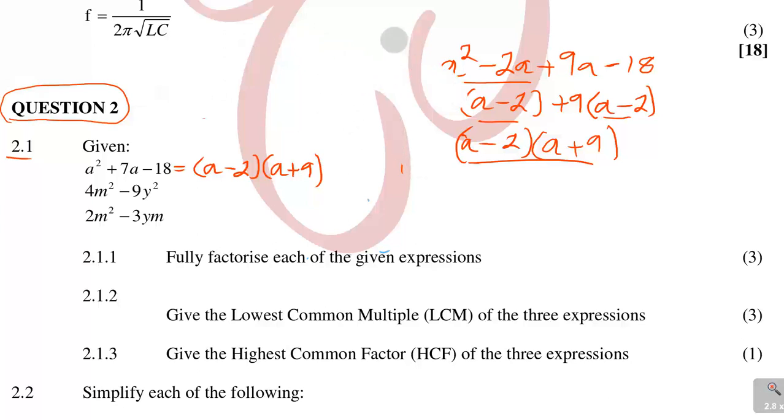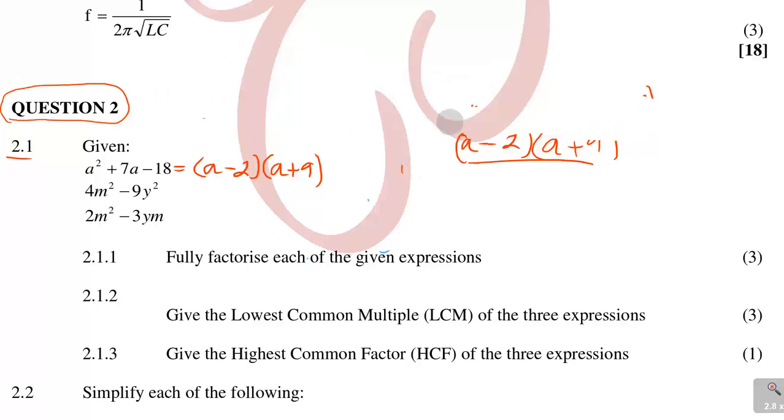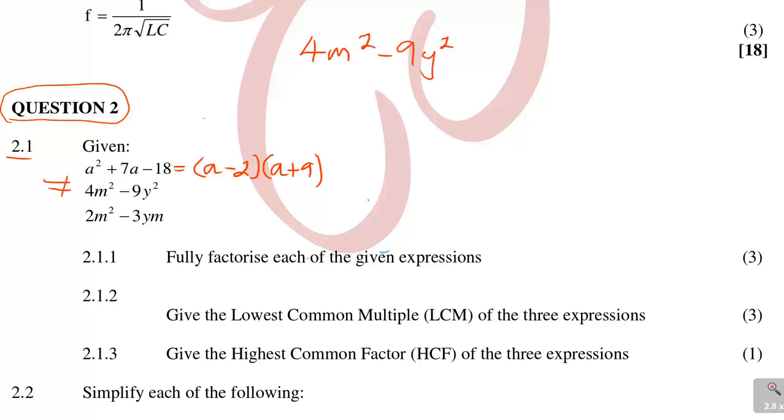If I move on to the next one, I'm supposed to factorize 4m squared minus 9y squared. So I'm looking now at the second one. Now when you factorize that, it's two items. The first one had 3, that's why we use the product sum.